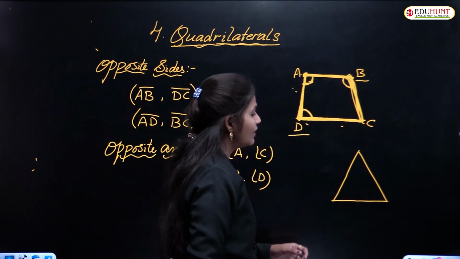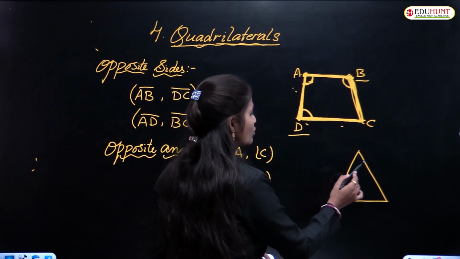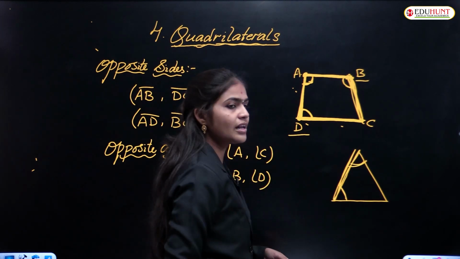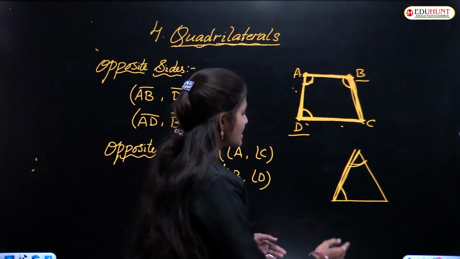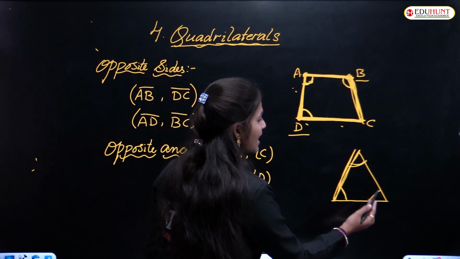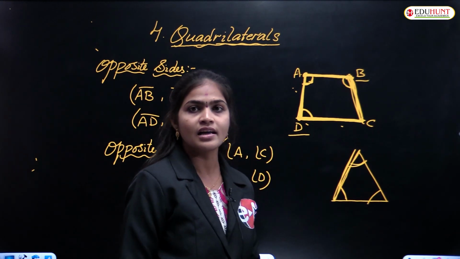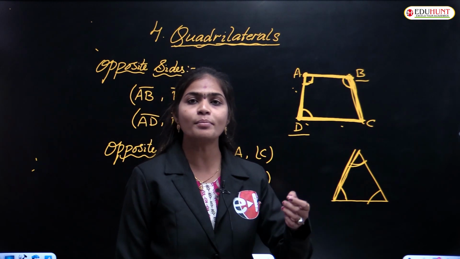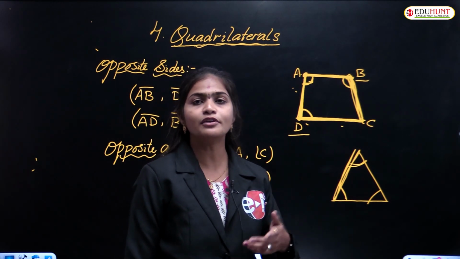In a triangle, adjacent angles means these two angles have a common side. So can we say that these two are adjacent angles? We can say these two are also adjacent angles, as well as these two. So adjacent angles means those two angles are formed by a common side.